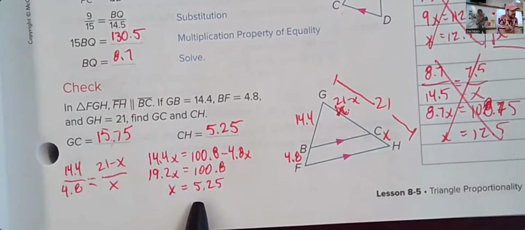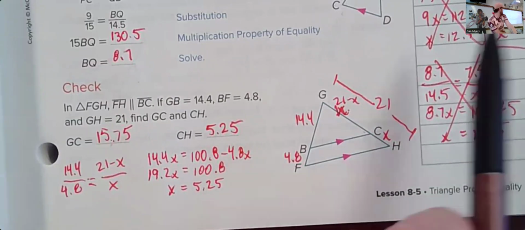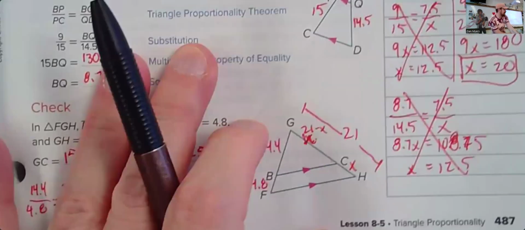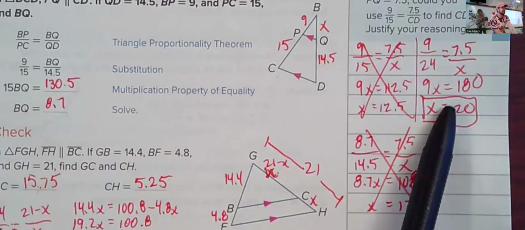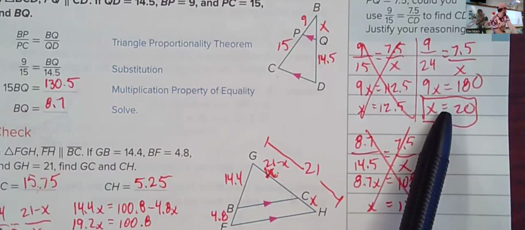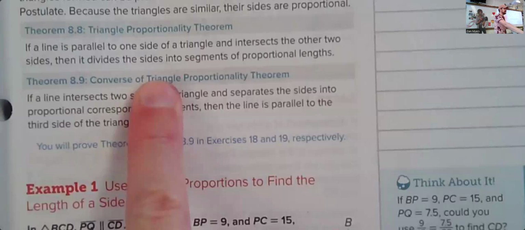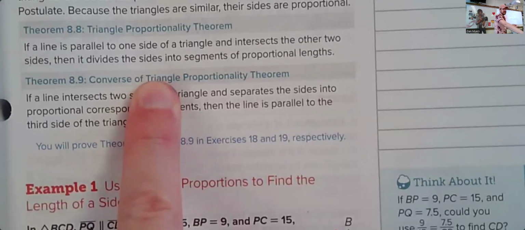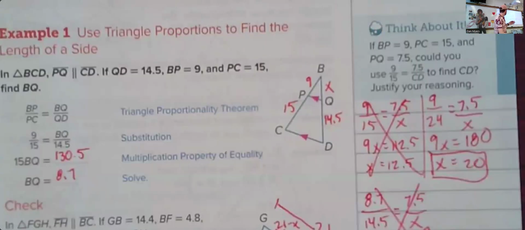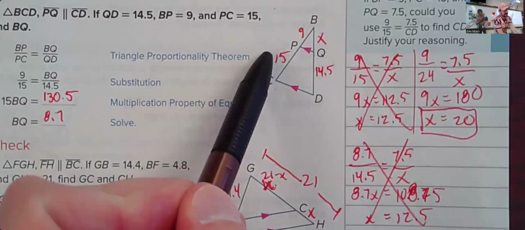You'll notice the math is exactly the same as the math we've been doing. We're just writing proportions. However, we saw over here that it's very important that you're writing the correct proportions, because you can't just write any proportion you want to. You have to write the proportion based on the theorem that's being used. The proportionality theorem for triangles says that you can only write the proportions based on the sides that are being intersected.